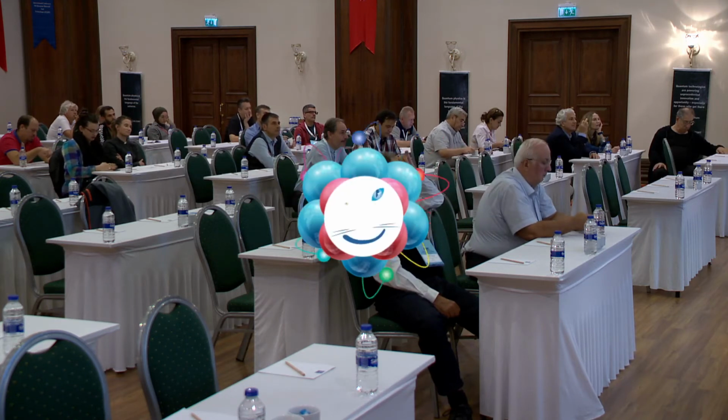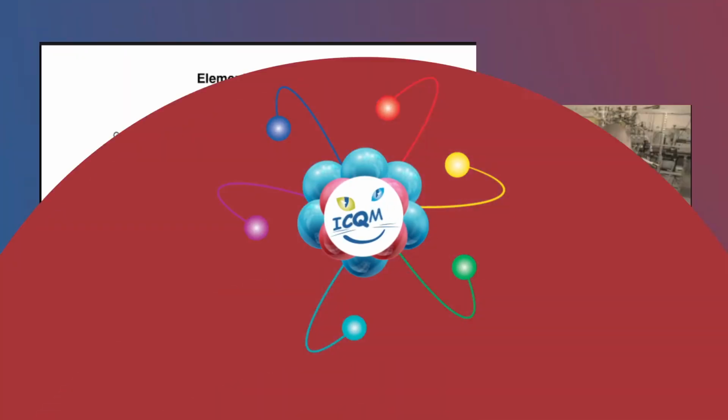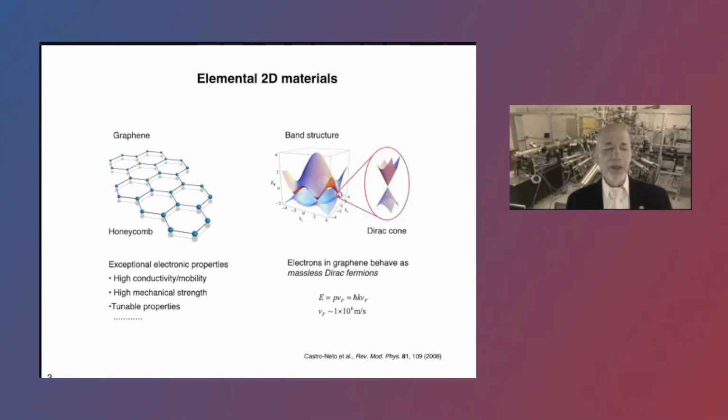So elemental quantum 2D materials are atomically thin and covalently bonded structures formed of a single element or sometimes of a combination of elements. And indeed, the most famous example is graphene that everyone knows about. It's a honeycomb structure of carbon atoms with very strong covalent carbon-carbon bonds that provide graphene high mechanical strength and flexibility.